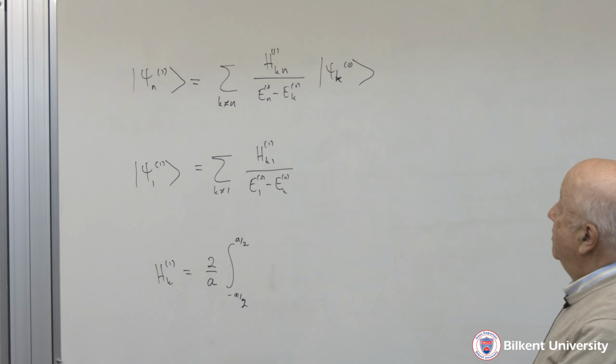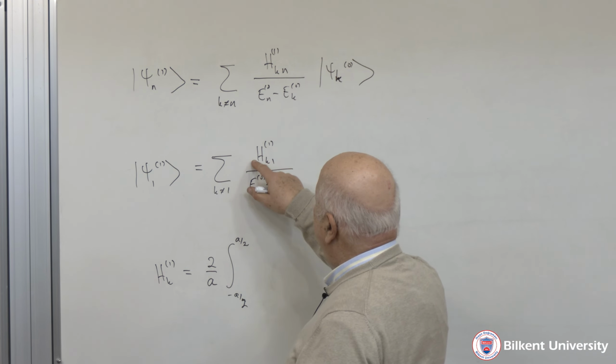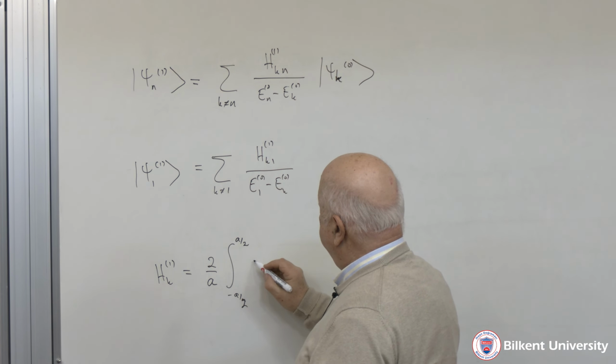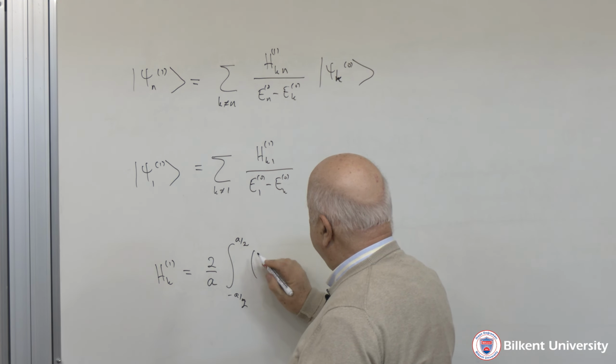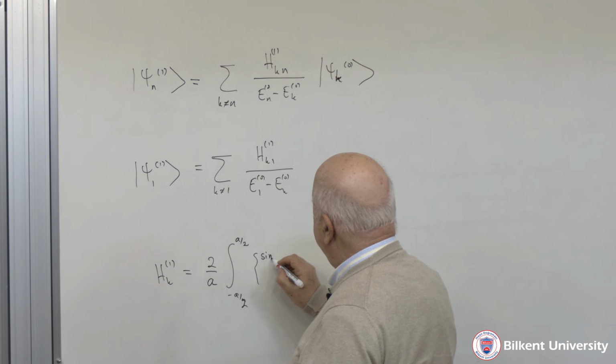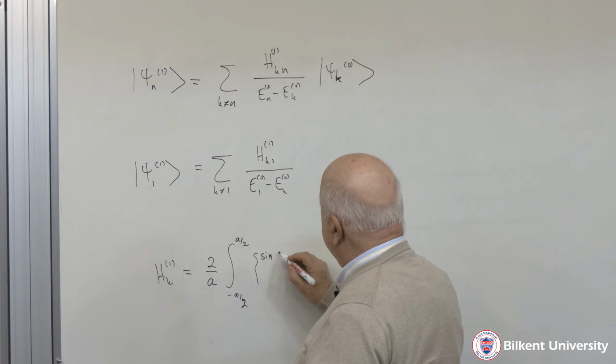And then I have psi k, which is going to be sine or cosine, I don't know, so let me write both of them, depending on whether k is even or odd.